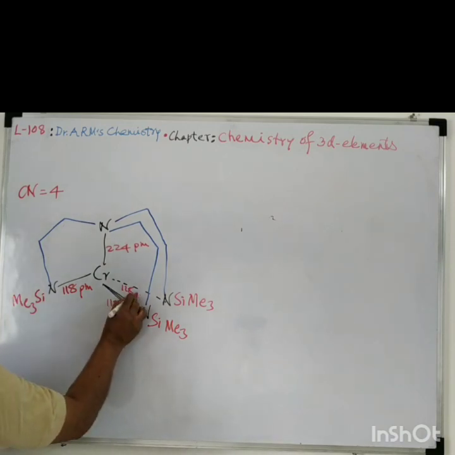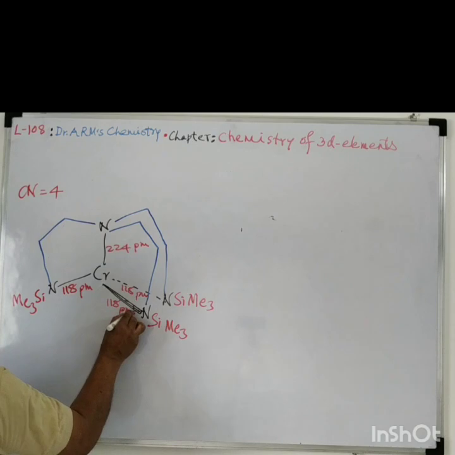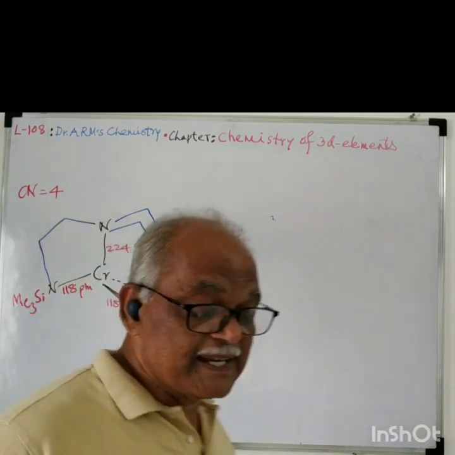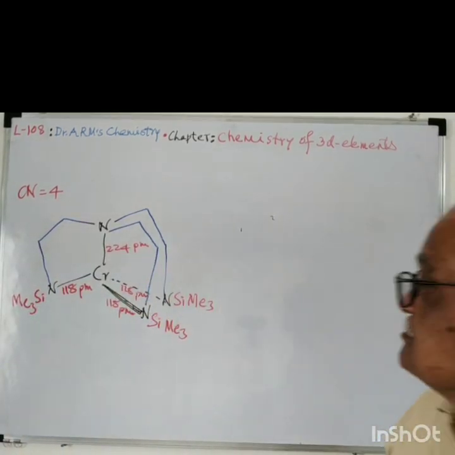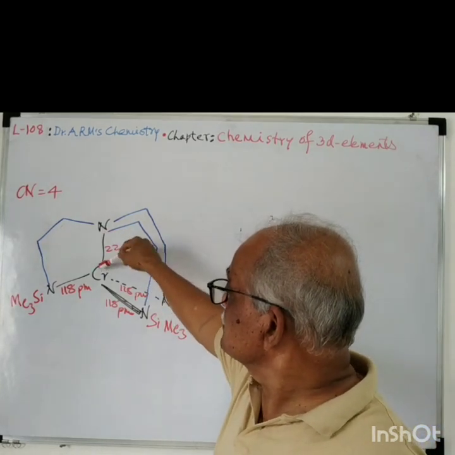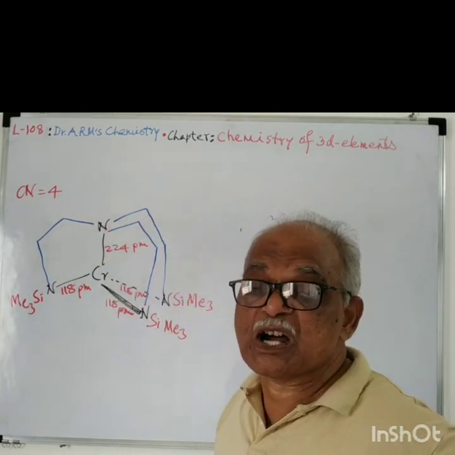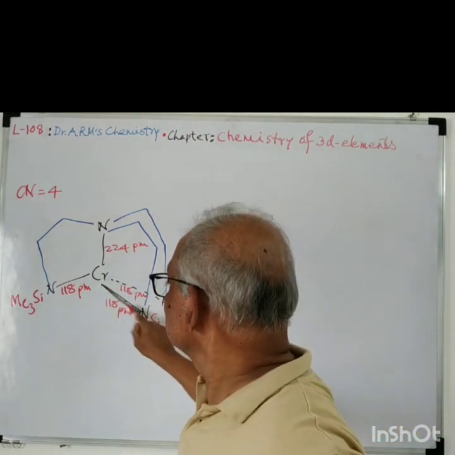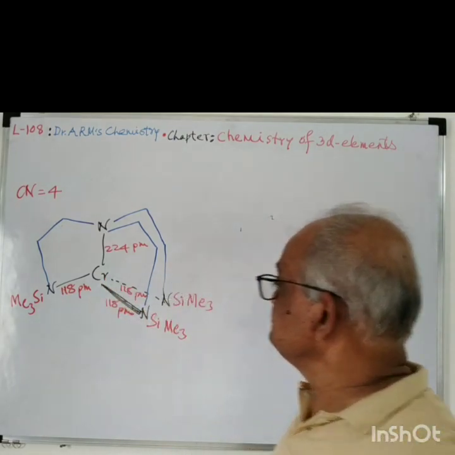You will observe that these three bond distances are of one type, and this one is longer than the others. This is because this axial chromium-nitrogen bond is elongated compared to the other bonds.